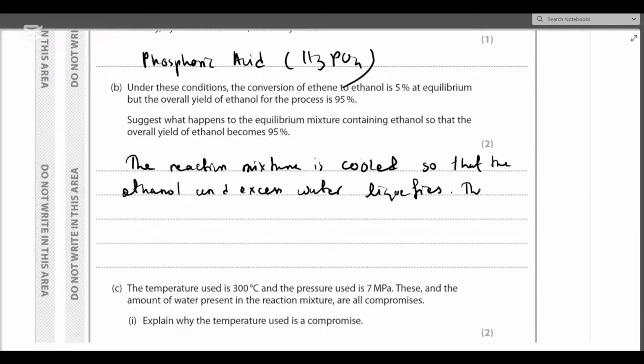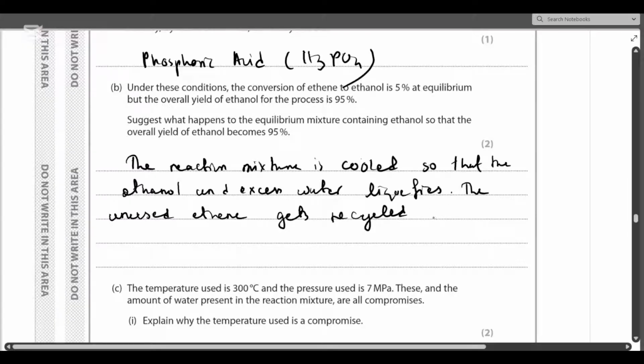On the other hand, the unused ethene gets recycled at its gaseous state.